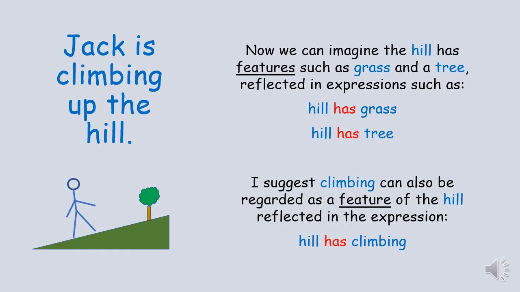Now, in a similar way to the train is inside the station example which we had earlier, we can imagine the hill has features such as grass and a tree, reflected in expressions such as hill has grass, hill has tree. I suggest climbing can also be regarded as a feature of the hill, reflected in the expression hill has climbing.